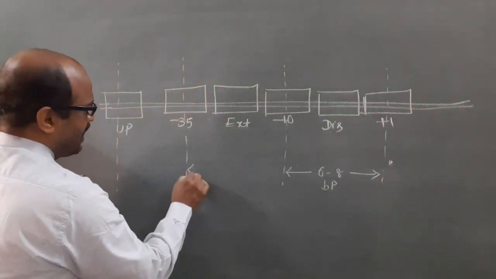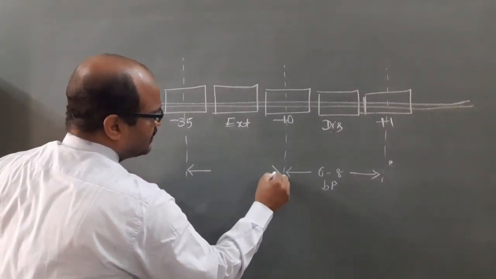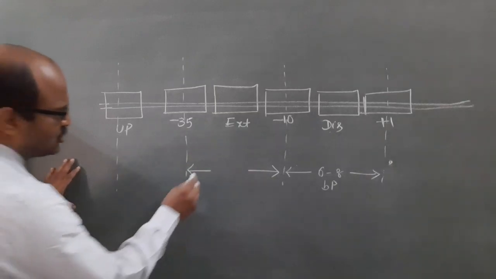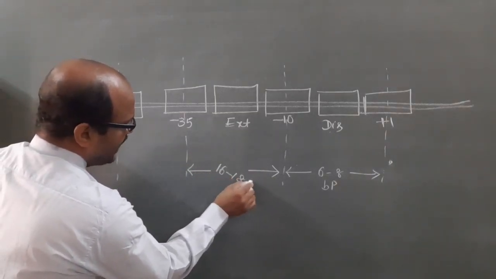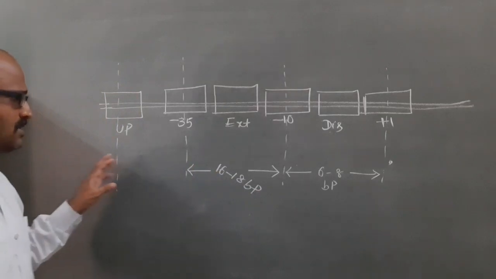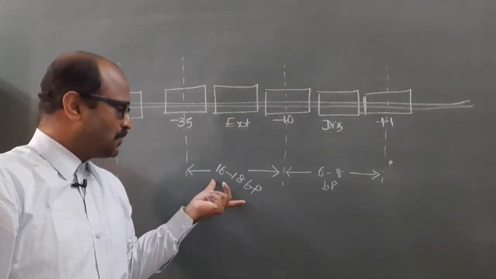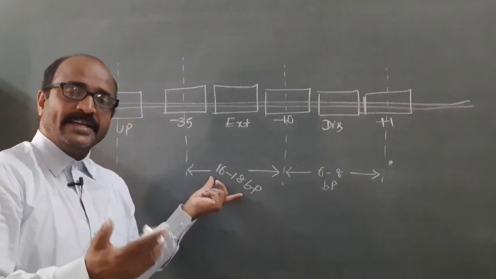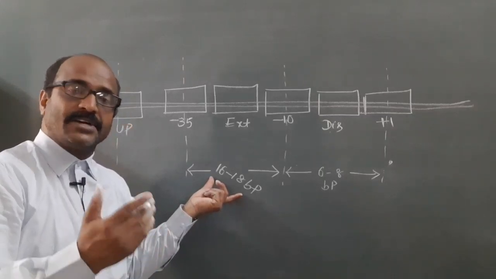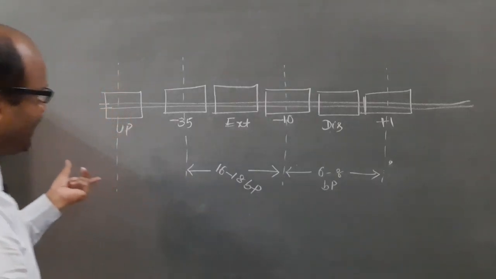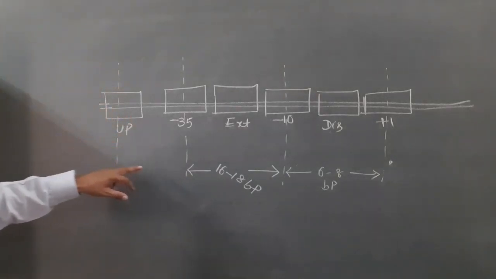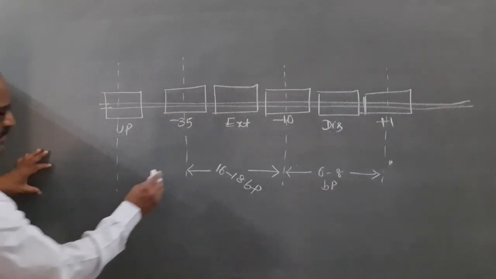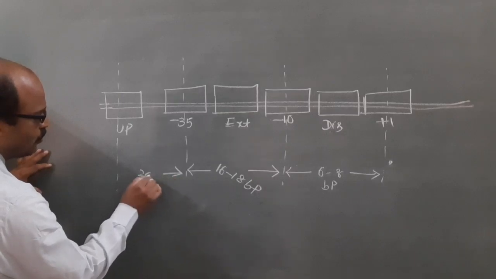And between the -35 element and the Pribnow box, the distance is 16 to 18 base pair, as I told, but this is also the spacer nucleotide, and this number may vary as little as 15 or as great as 20, right? And the spacer between the -35 element and the upstream region has a distance of about 20 base pairs, right?